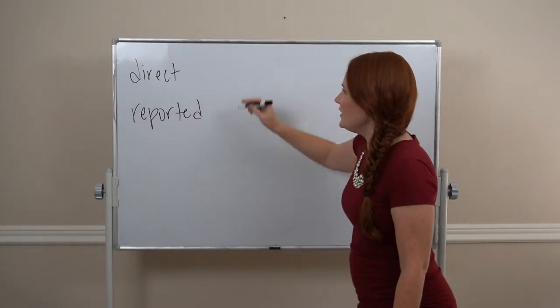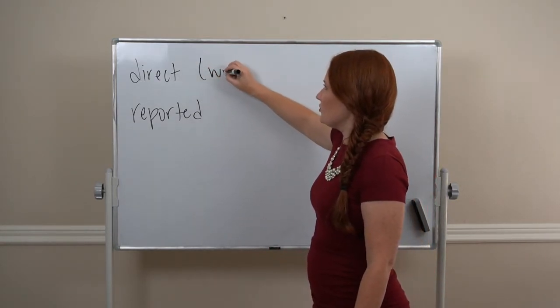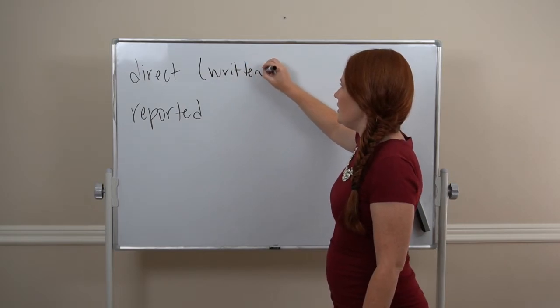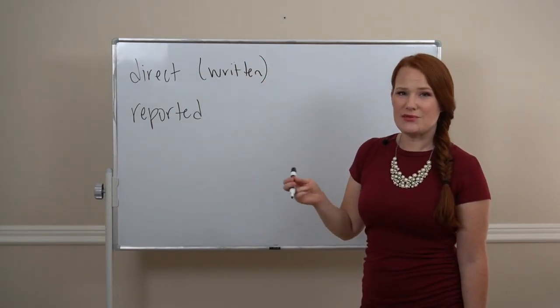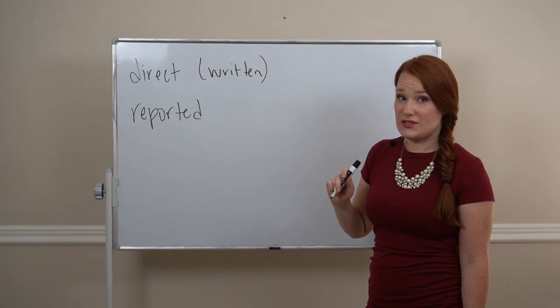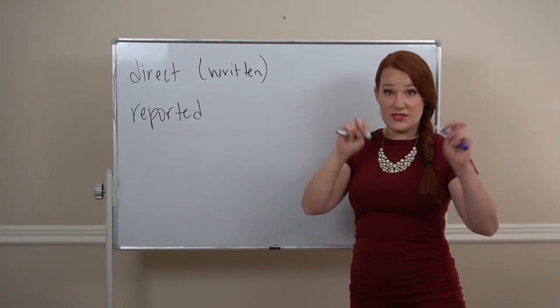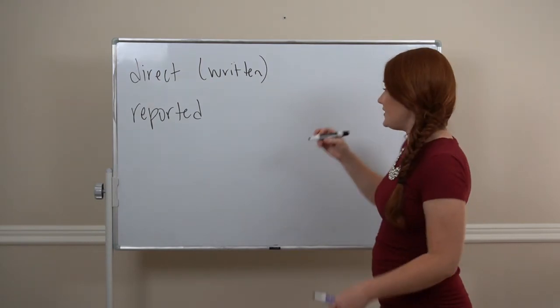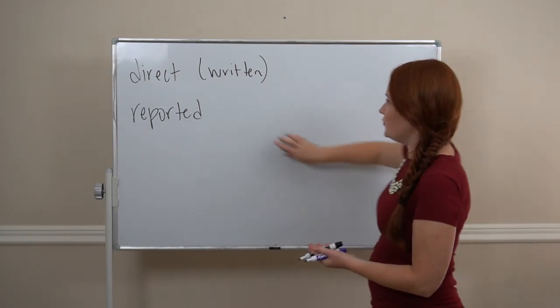Direct speech is usually what we use in written English. So when you're reading a book, you'll probably see direct speech. Direct speech uses quotation marks.